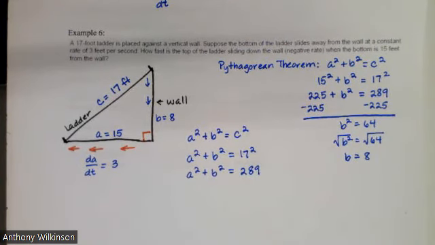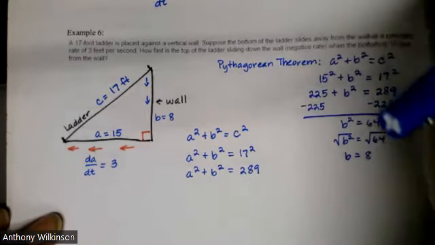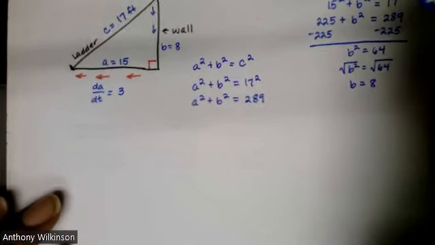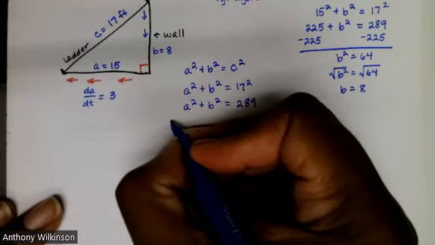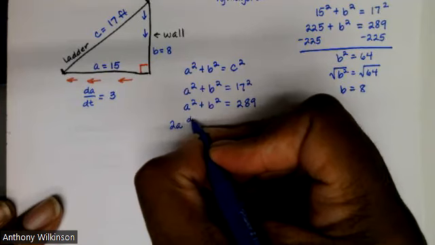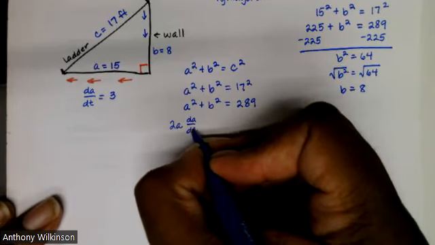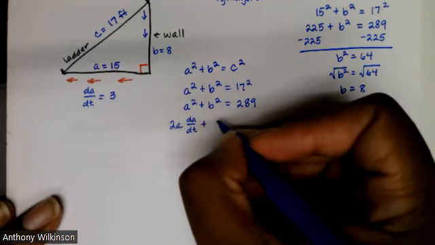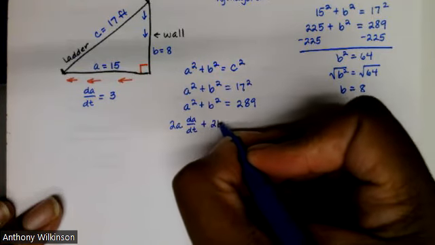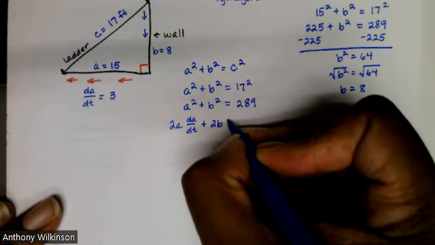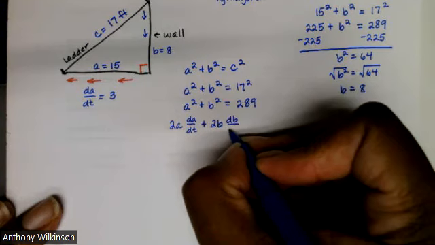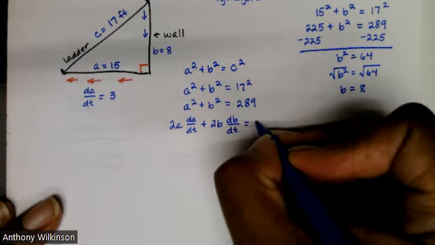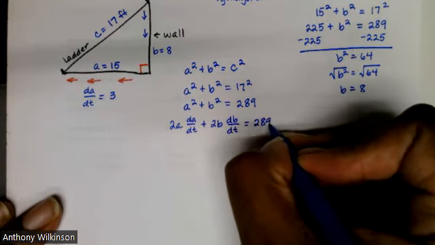Now we're going to differentiate this with respect to time. So the derivative of A squared will be 2A, multiplied by dA/dt, plus the derivative of B squared, which is 2B times dB/dt. It's equal to 289.